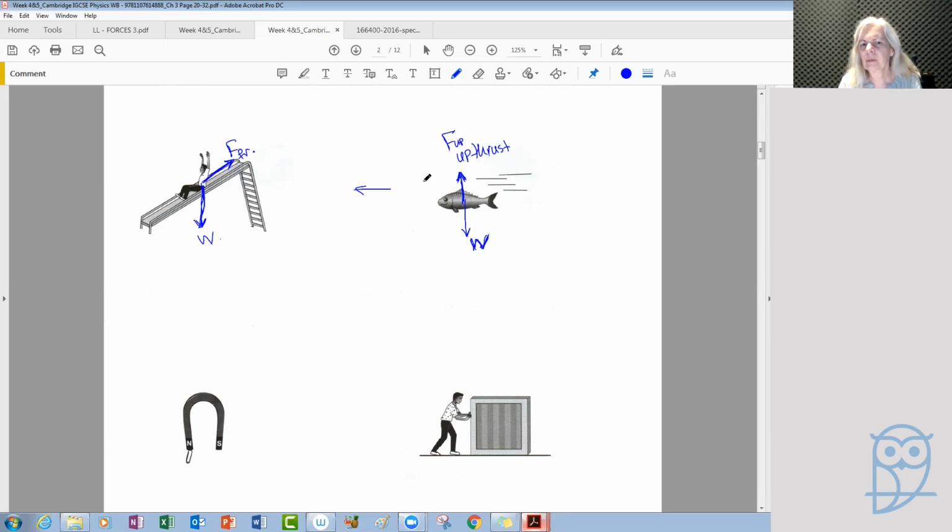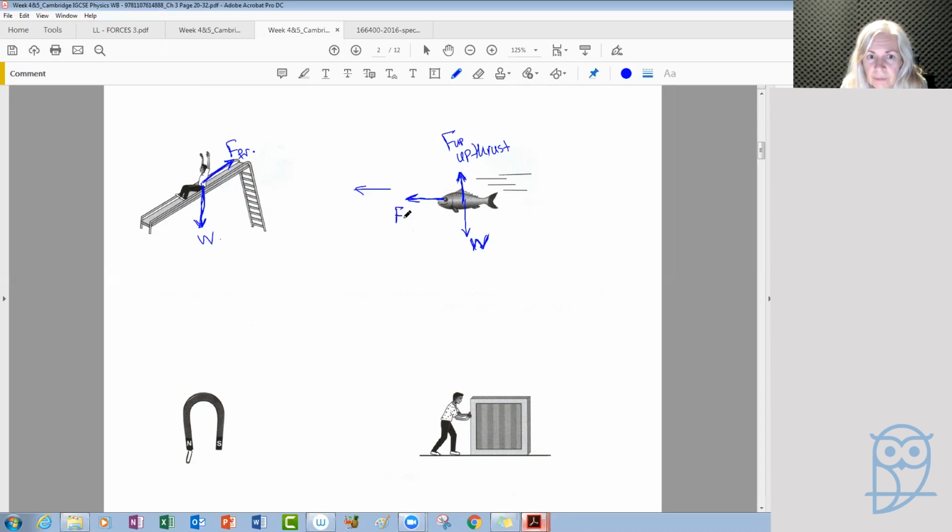There might be other forces as well. I mean, since the fish is propelled to the left, obviously there is another force acting on the fish, a horizontal force in this direction, isn't it? Which perhaps is exerted by the way that the fish moves, and especially its tail, and propels the fish forward. I mean, if we want to, we can also put down this force.